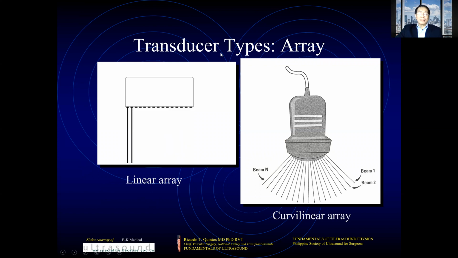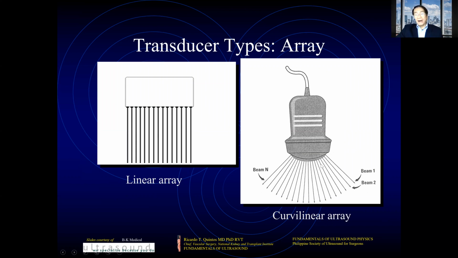And there are different types of array transducers. You will have here a linear array, which means that the beams are transmitted longitudinally in a flat manner such that the footprint of the ultrasound transducer or probe is nearly the same as the beam being transmitted.